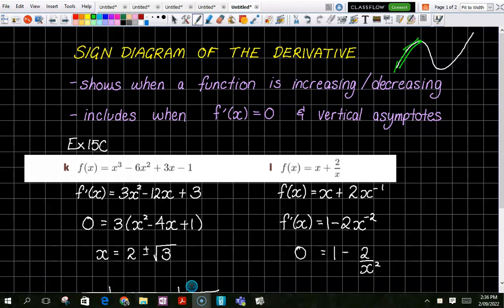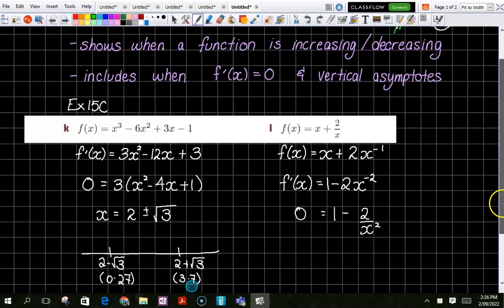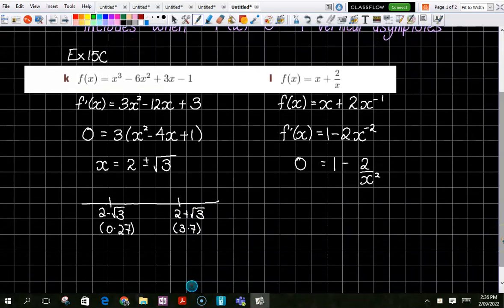I'm not going to be overly phased if you didn't finish it all, because you're going to get repetition happening shortly. So let's just have a look at K and L, and we're going to repeat this in the next exercise coming.